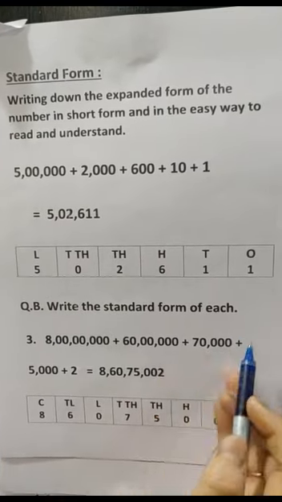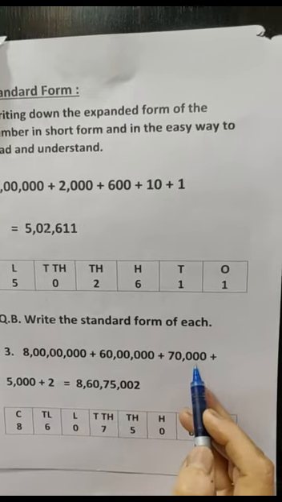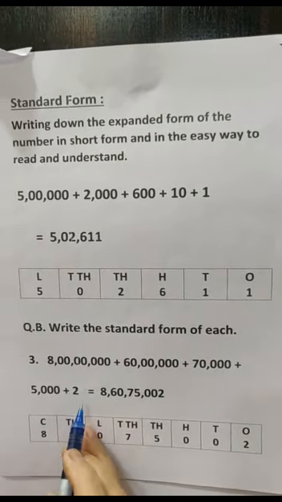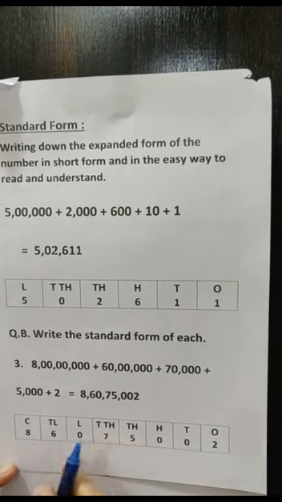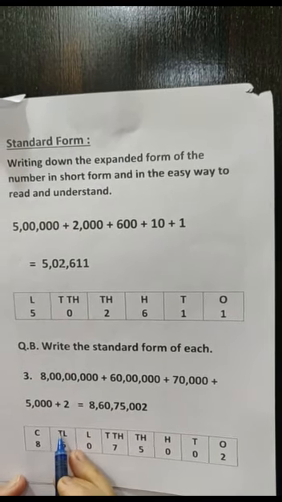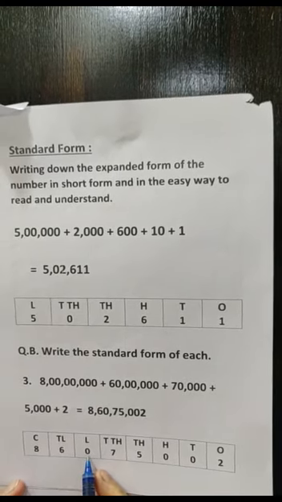Take one more example. Write the standard form of: 8 crore 60 lakh 70,000 5,000 and 2. So fill this up in the place value chart and what you have seen, the answer is 8 crore 60 lakh. No lakh place, so we have put 0 here.